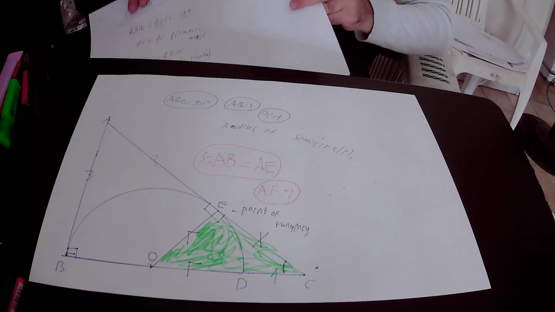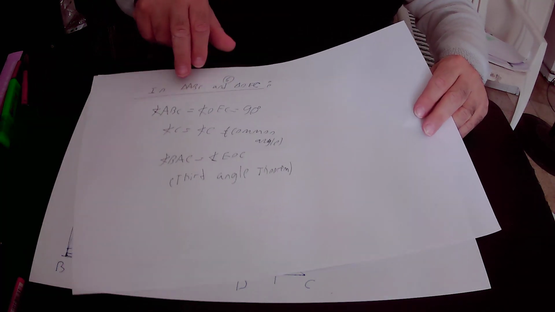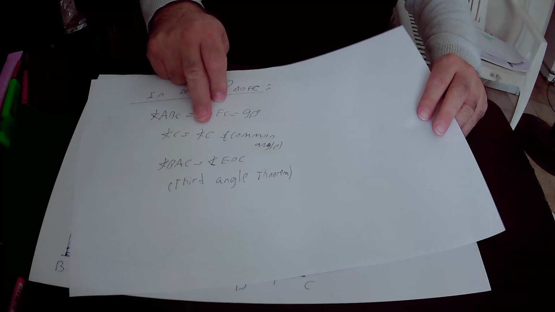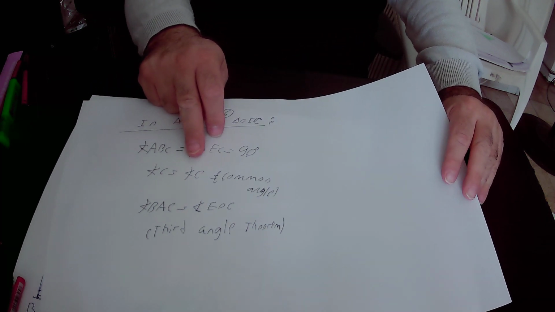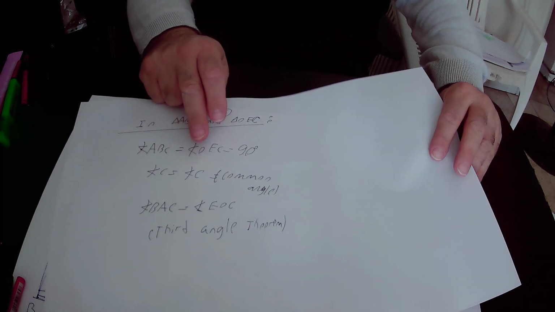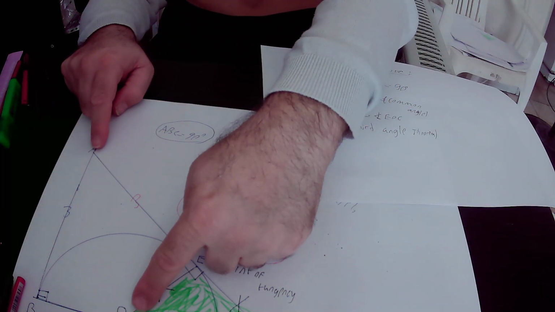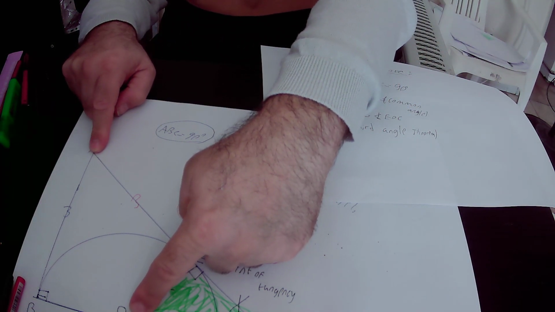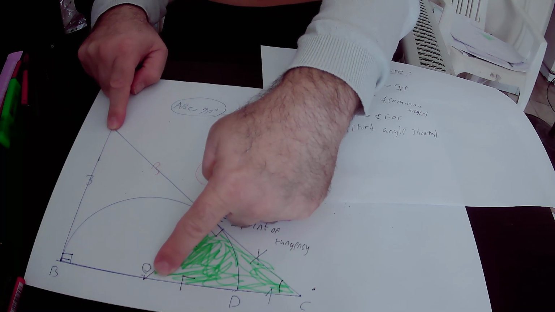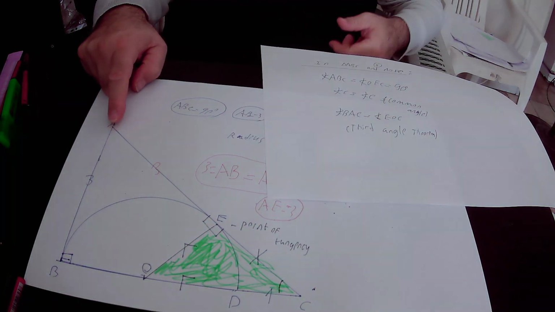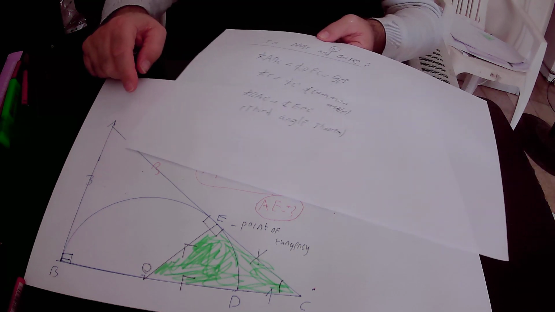Therefore, we can write down that angle C equals angle C, a common angle that belongs to both triangles, and we actually proved that those two angles are equal to each other. Those two angles are equal to each other according to the third angle theorem.